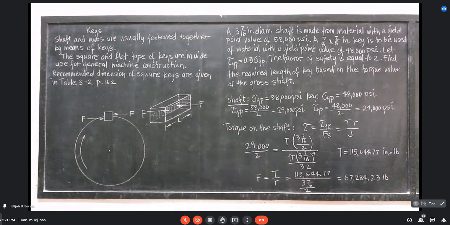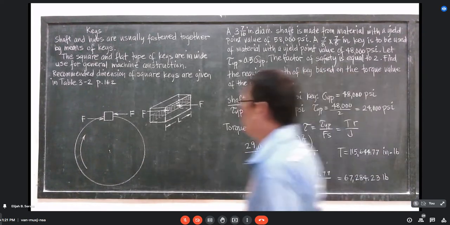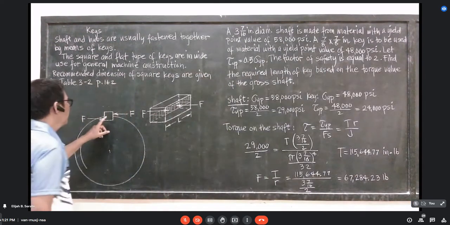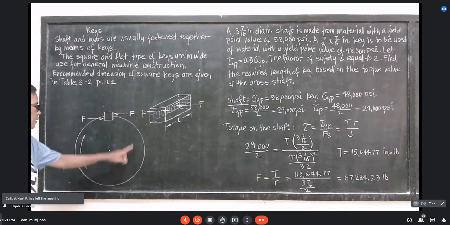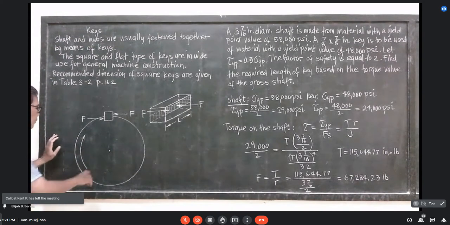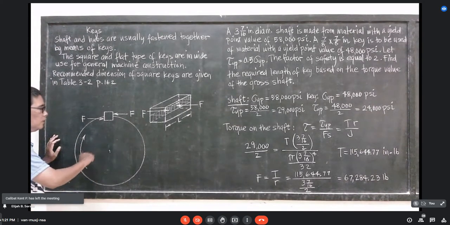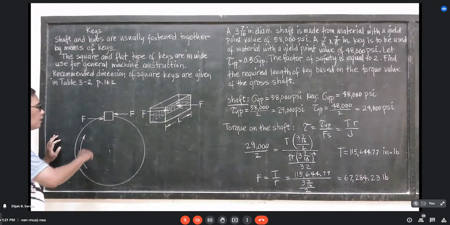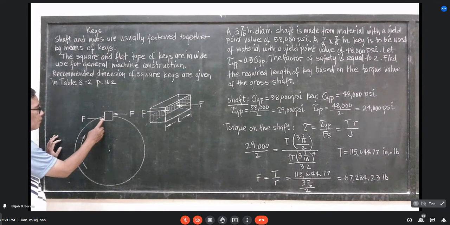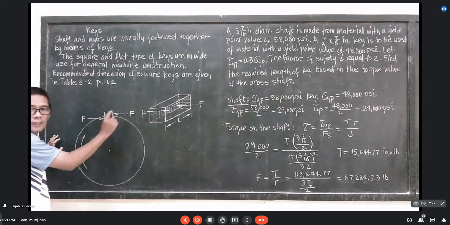Okay, so this is your key, and let us say this is your shaft. If the rotation of the shaft is in that direction, clockwise, then you will notice that this side of the shaft is pushing the key in that direction.